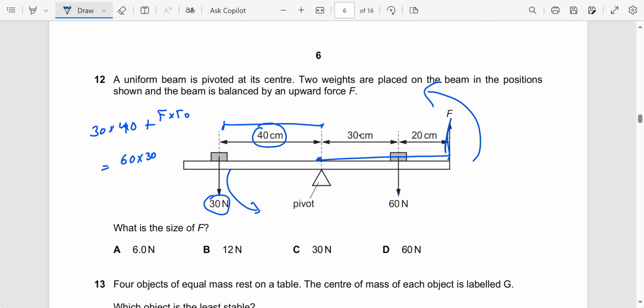So now I'm going to use this. This is 1200. This plus 50F is equal to 1800. So I'm going to subtract 1200 from here. So 50F is equal to 600. So F is equal to 12.